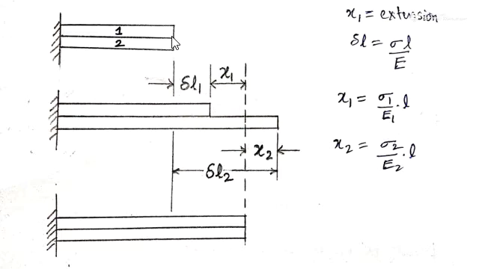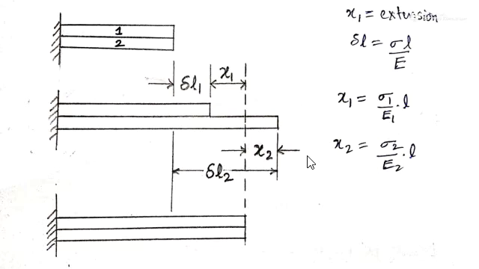But because these two are joined rigidly, this bar 2 will apply a tensile load on this bar 1, such that this bar 1 will have more expansion by an amount of x1, and in the same way this bar 1 will apply a compressive load on this bar 2 such that it will have less expansion, means less free expansion, and the amount is less by x2.